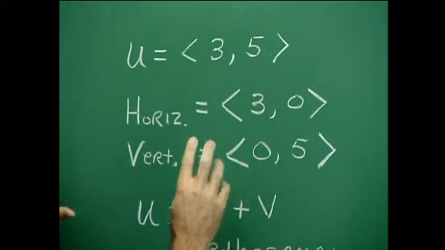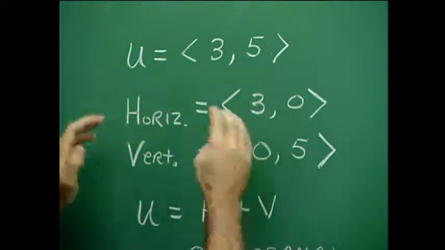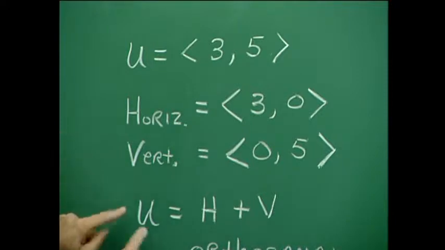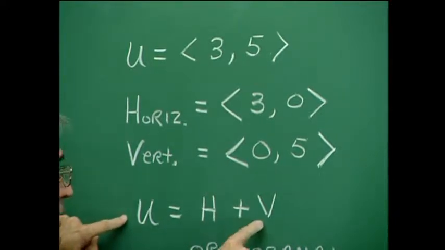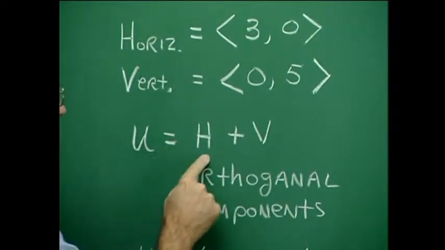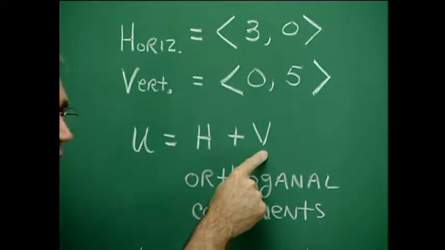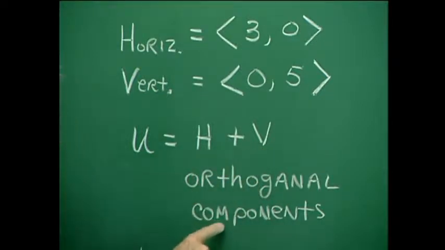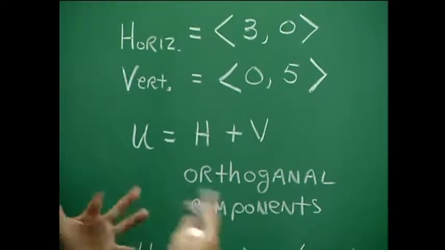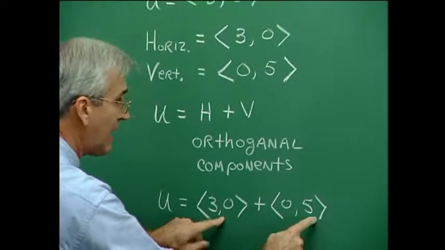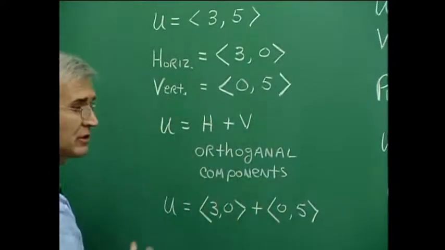So we have two different vectors, a horizontal vector and a vertical vector, which together give us u. That is, u is h plus v. So we're separating u into horizontal and vertical components that are vectors, orthogonal components of u. And this works out because h is 3, 0, v is 0, 5, and adding those two, we get 3, 5 as expected.